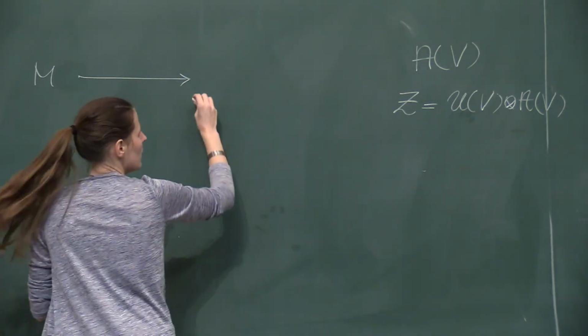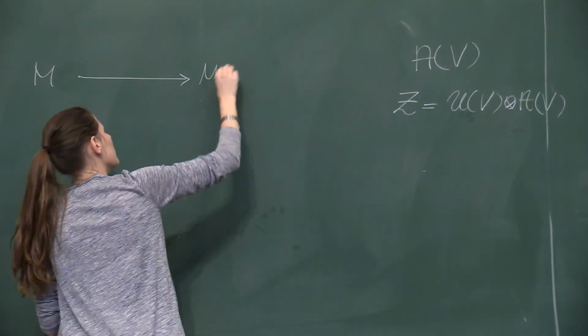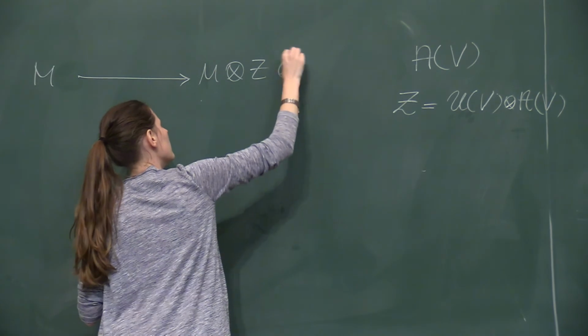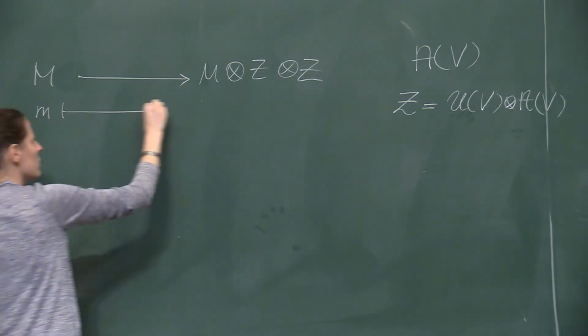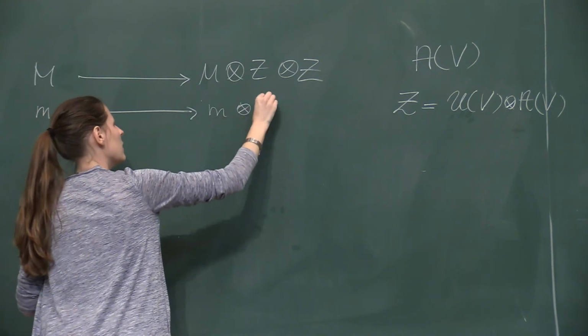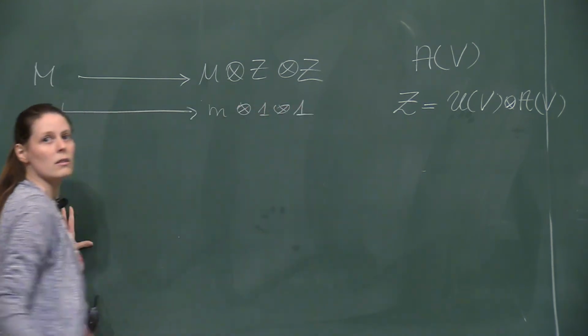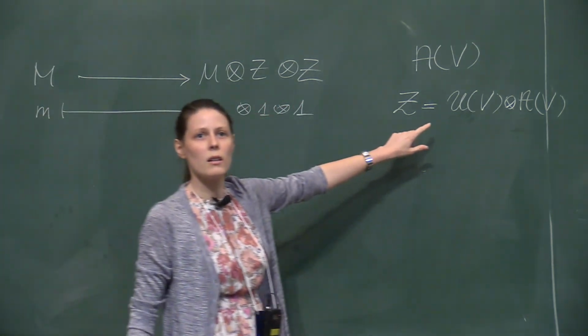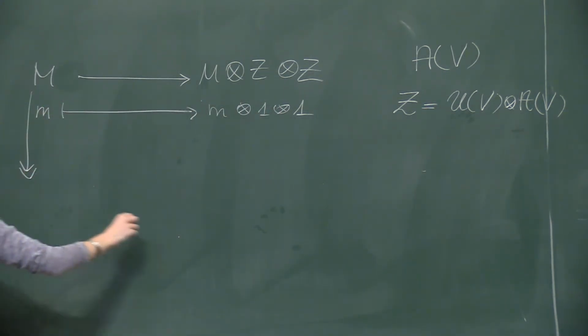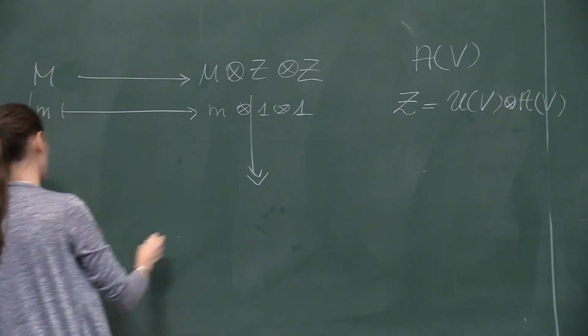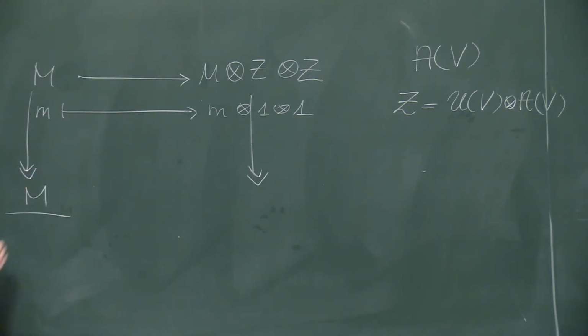And then I can always send M to itself, and it is just the 1 there. So this is possible. And if I quotient out by an appropriate chiral algebra, so here I'm on the normalization actually.